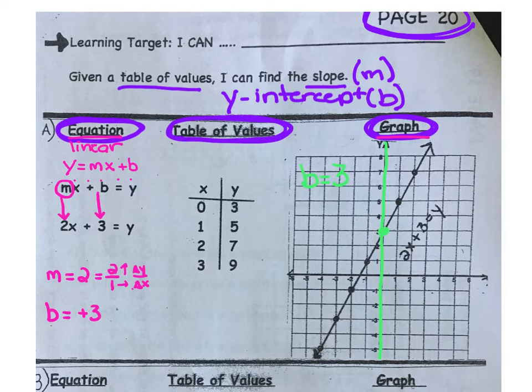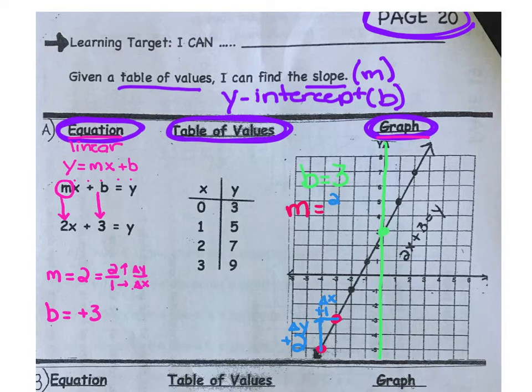For our slope, we're going to figure that out by selecting 2 points on the graph. We select the point furthest to the left and then the next consecutive point. Once we have those 2 selected, we calculate our rise, which in this case, our rise or our delta y is positive 2, and our run, which is our delta x, is a positive 1.